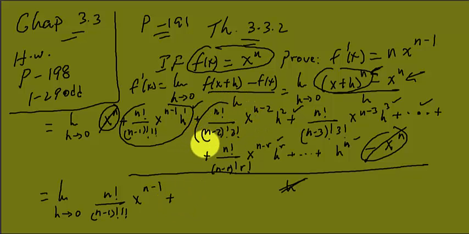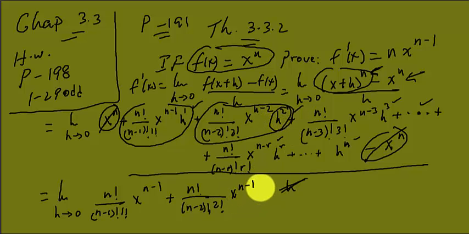Then plus. This term now, I factored out an h and canceled, so that'll be n factorial over n minus 2 factorial times 2 factorial, and that'll be x to the n minus 2. Since I factored out one of the h's, that'll be h to the first.